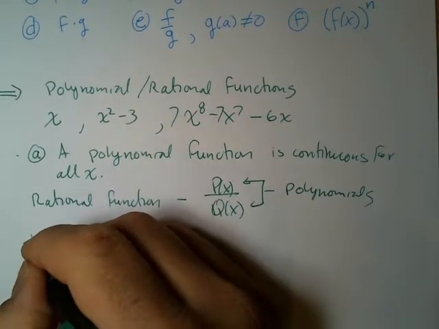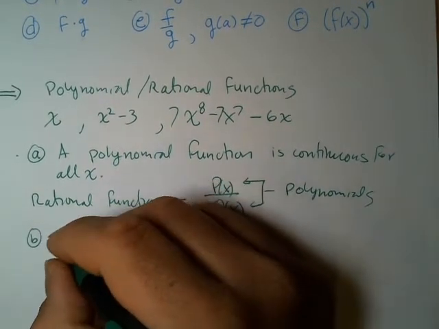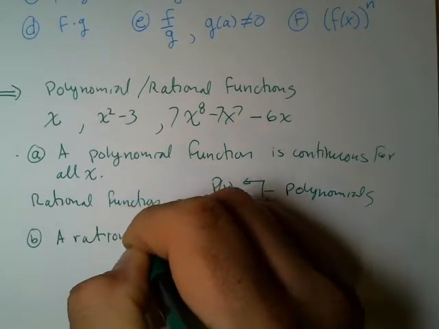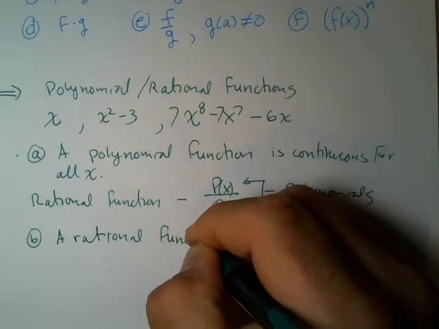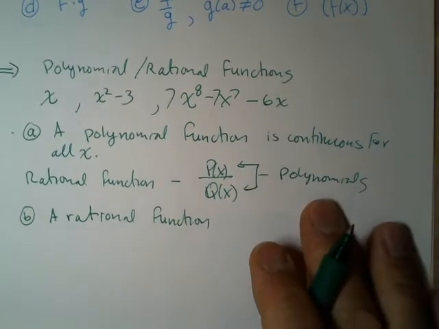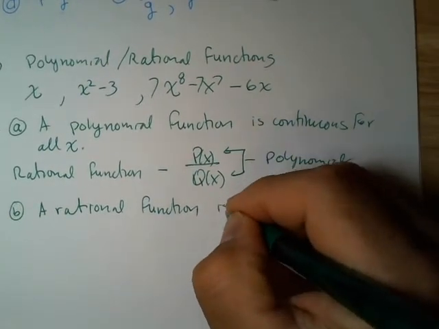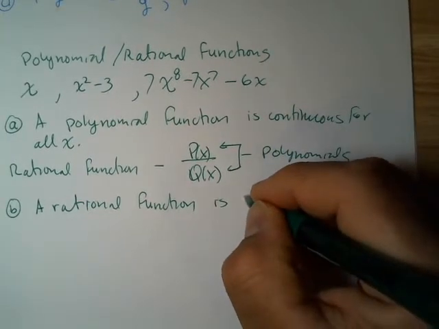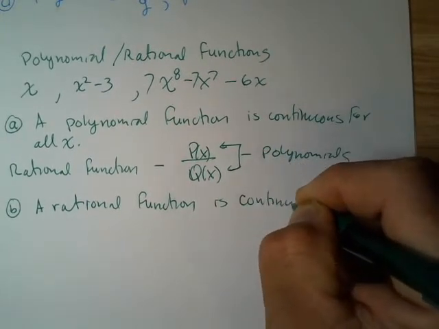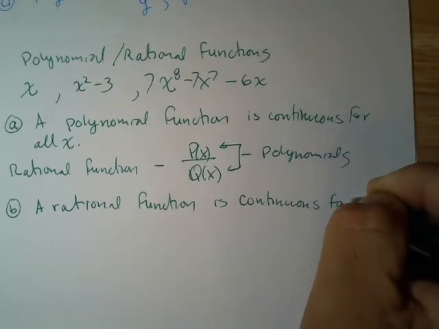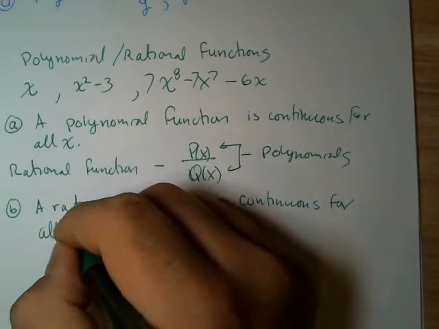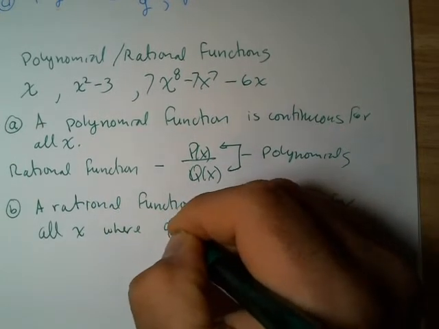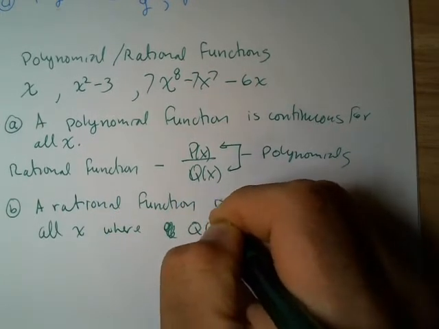Okay, so a rational function is also continuous as long as, again, always at division we have to be careful, is continuous for all x where the denominator, we'll call it q of x, is non-zero.